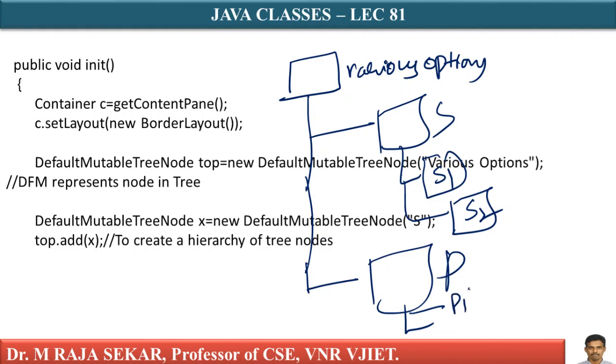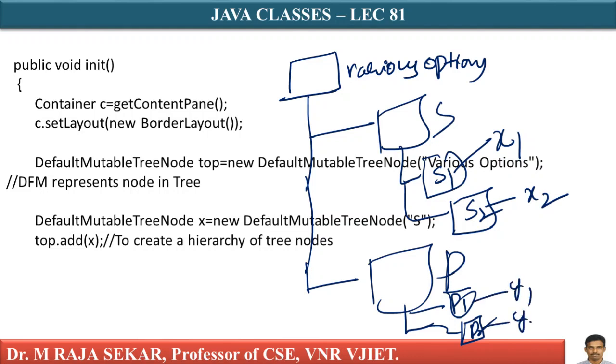In P, I will keep P1 and P2. Programmatically, I will represent S1 by variable X1, S2 by X2, P1 by Y1, and P2 by Y2.